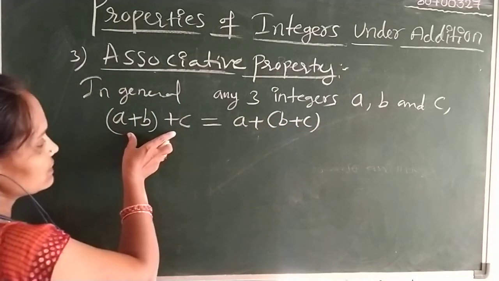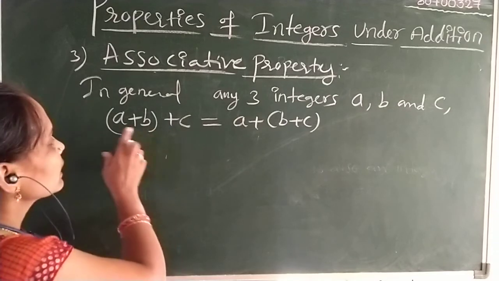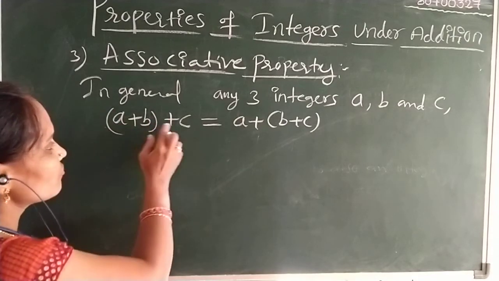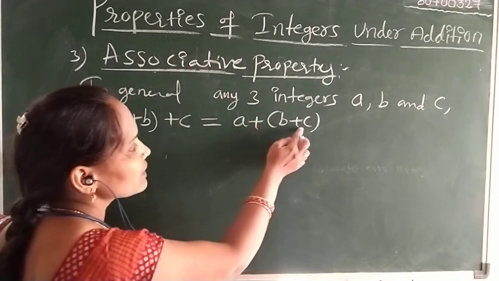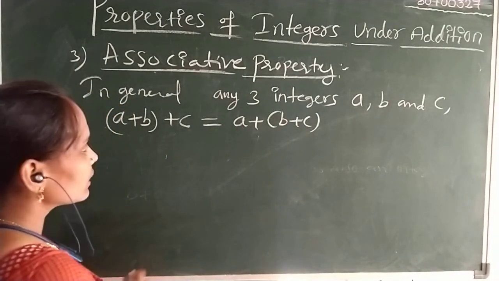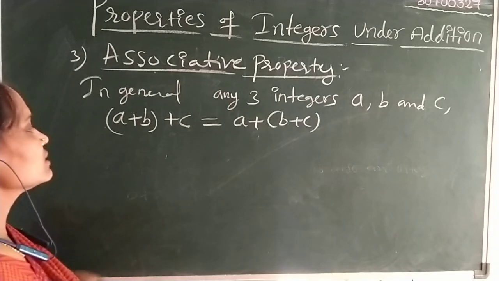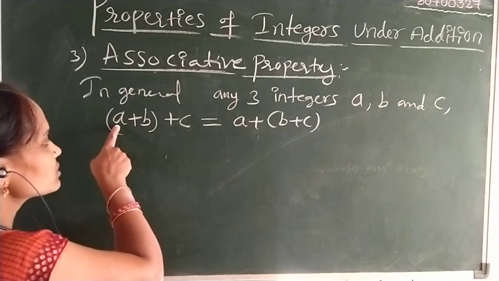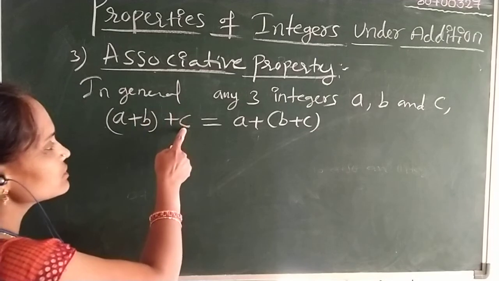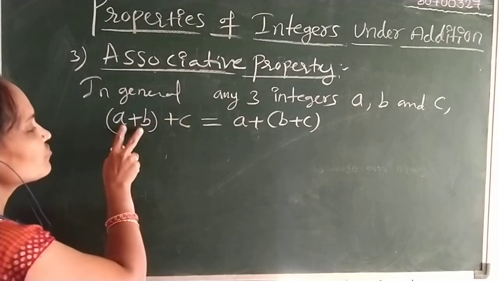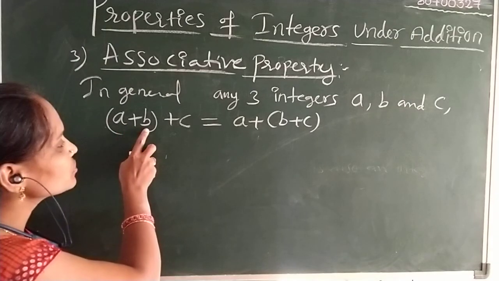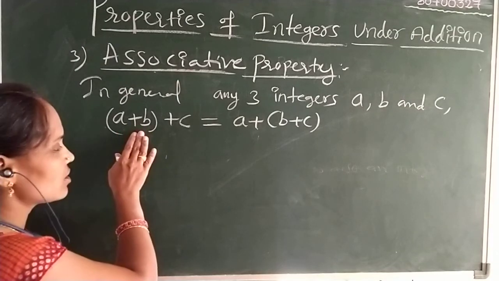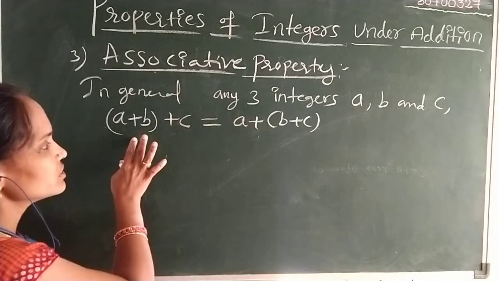Once again listen how to pronounce: (a plus b) plus c is equal to a plus (b plus c). In words, this is the first integer, second integer, third integer. First you should add the first two integers, then to that answer you should add the third integer.